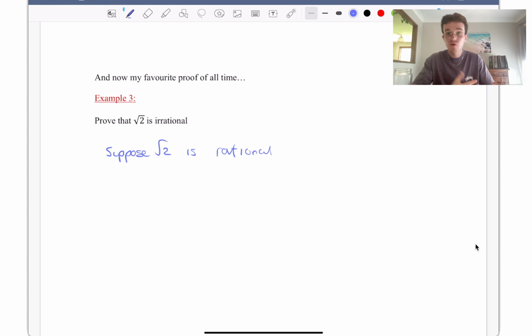Well, the definition of a rational number is that it can be written as a fraction. So that means root 2 could be expressed as a fraction p over q.